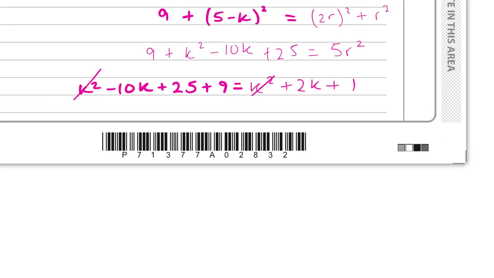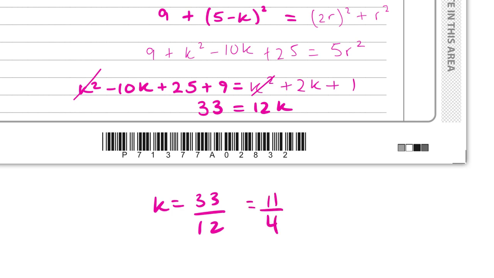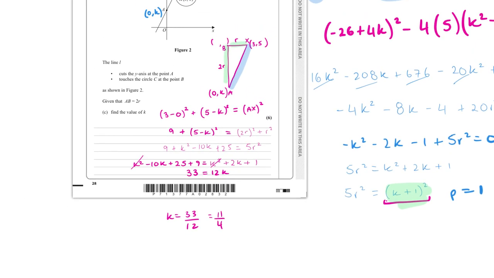So what do we end up with? They're going to cancel, right? I'm going to move the 10k to the other side. Are you happy if I put 12k here? And then 25 plus 9 is what? 34 minus 1? 33. Is that right? So then k equals 33 over 12. So that'll simplify, it should do. 11 over 4. There you go, 6 marks.